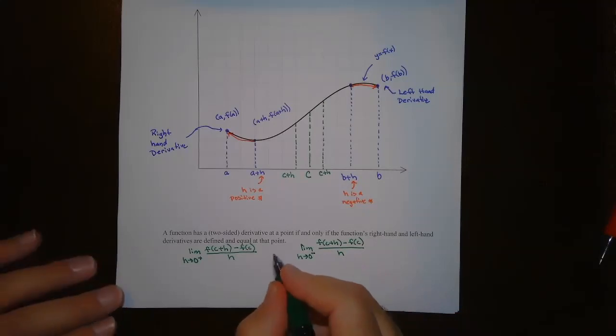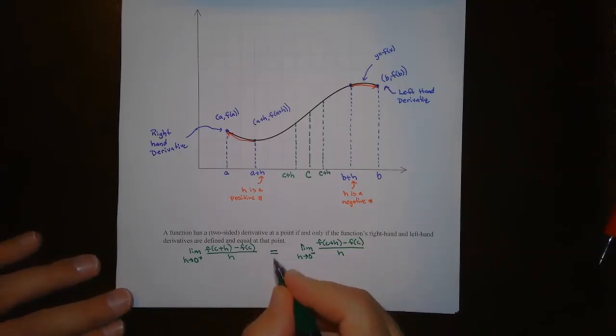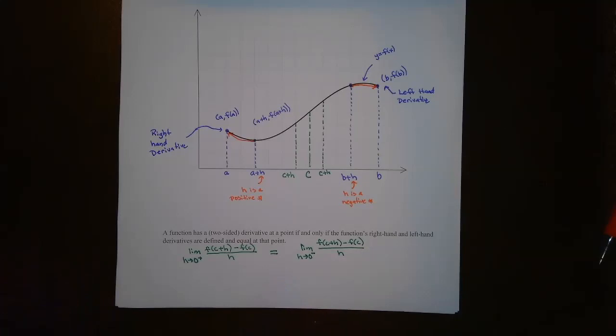And then we say this is equal to each other. And if this is equal to each other, then we say the function has a derivative at C, okay? So right-hand and left-hand derivatives are defined and equal at the point. So a function has a two-sided derivative and they have to equal each other. Both of these have to exist and they have to equal each other, okay?